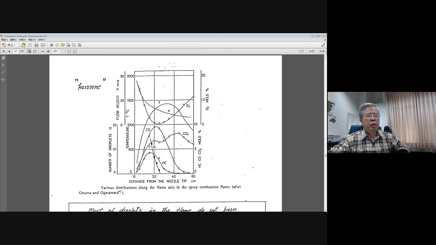But it will move to a minimum value because some oxygen is consumed for the chemical reaction, and later on it will increase again to reach the same conditions as the environment.